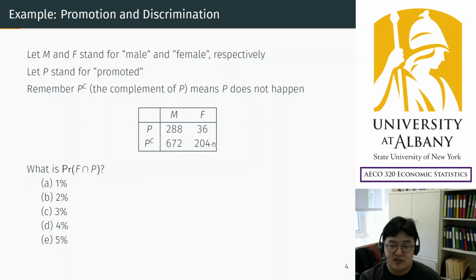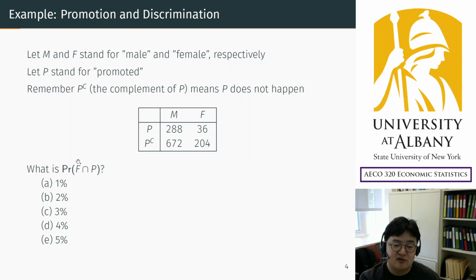Okay, pause the video if you need time. I'm going to give you the answer. It's pretty simple. First thing you need to do is to calculate the total number of observations. Add the four numbers, and then among them, we are interested in those who are female and promoted at the same time. That means there are only 36 observations in this event.